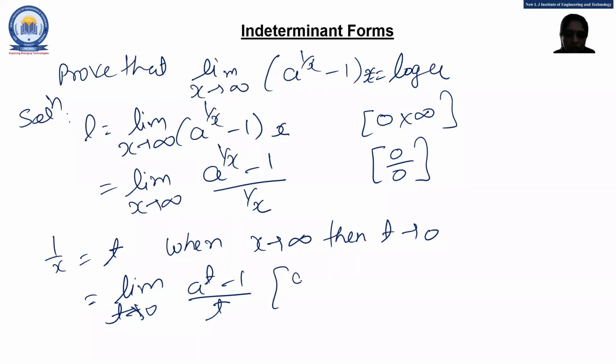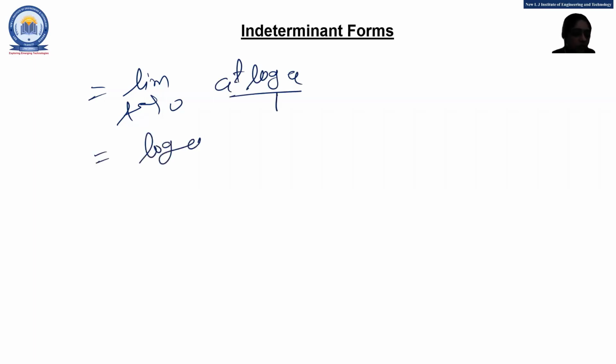This is the 0 by 0 form, so I am applying L'Hospital rule. By applying L'Hospital rule, limit t tends to 0 of a raised to t log a upon 1. By applying the limit in this function, my answer is log a. So this is the answer which we wanted to prove.